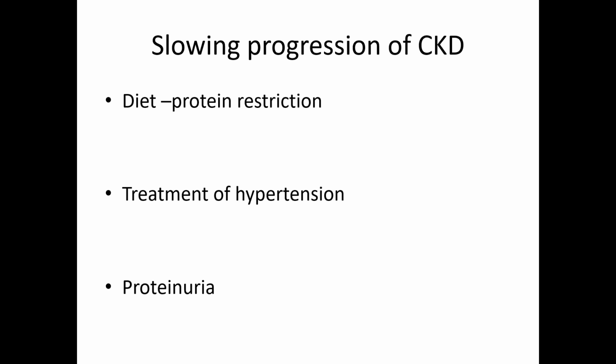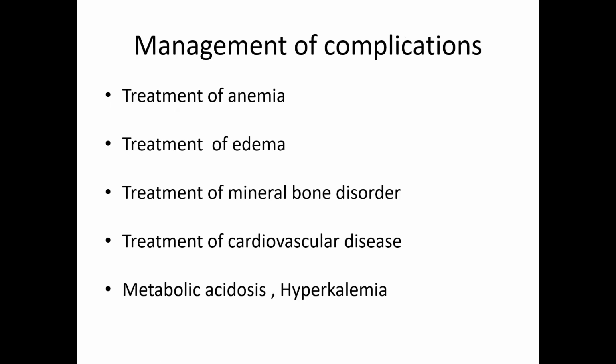Further, if the patient has proteinuria of more than 1 gram, then we lower the target to 125/75 mm of mercury. So by maintaining the blood pressure in the normotensive range, we can slow down the progression of chronic kidney disease.